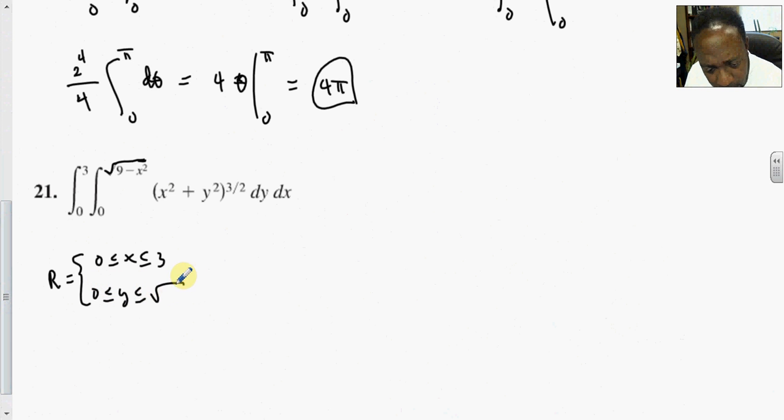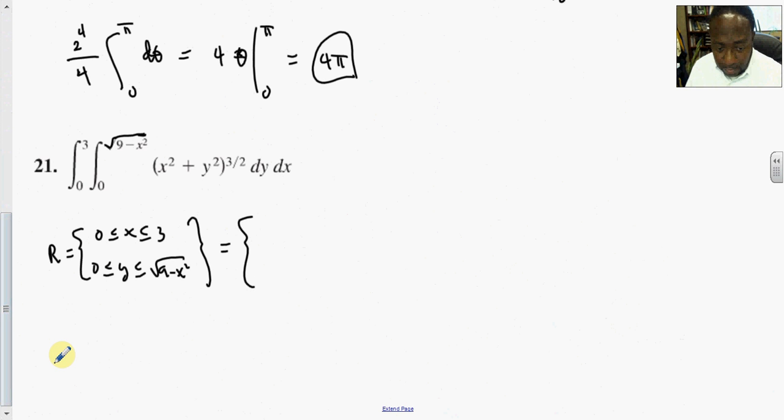Y is bounded here. You see the conversion. It's the same setup from before. Not quite, but let's see what happens.